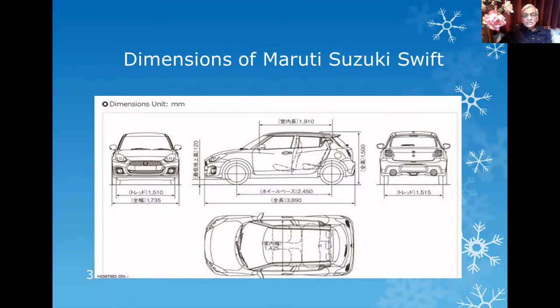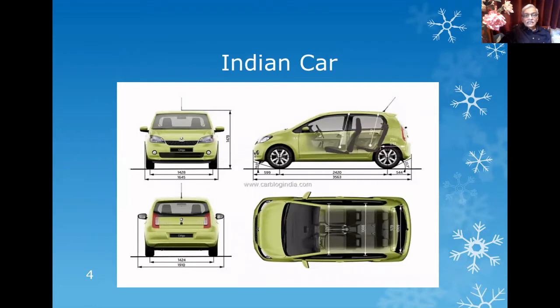The car manufacturing companies have their own standards of car design in various countries. So if you are designing a campus in India, you should refer to the Indian standards of cars. An Indian car typically will have such dimensions.